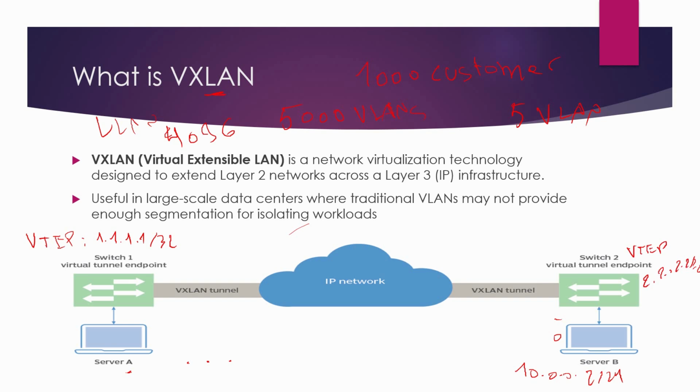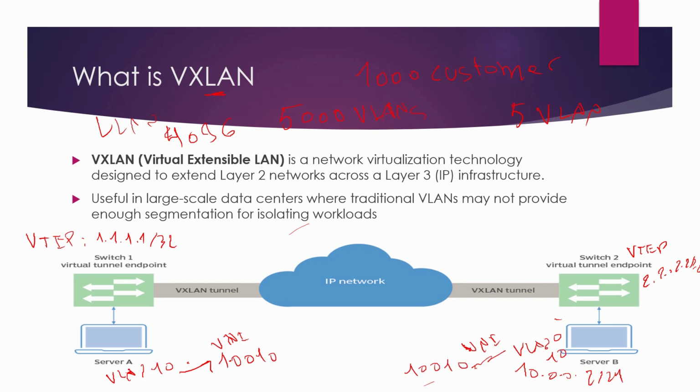And also we have VLAN 10 here, for this server A, mapped to a VNI, for example, 100,010. And also VLAN number 10 here is mapped with VNI 110 as well.